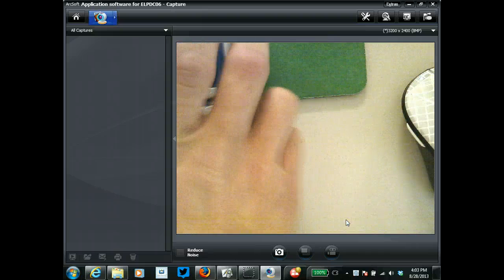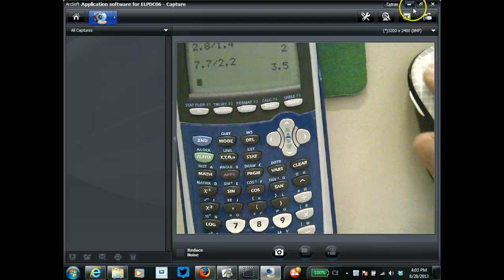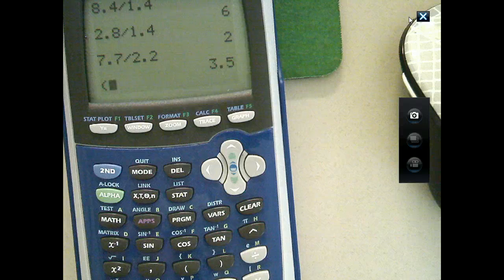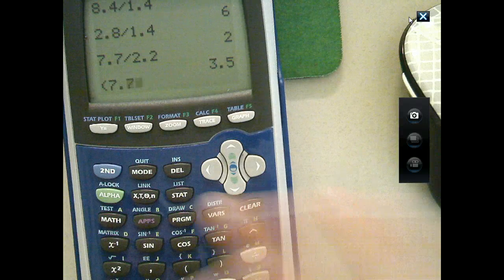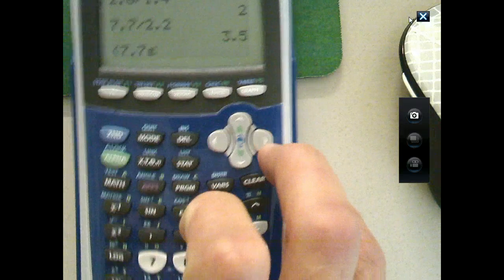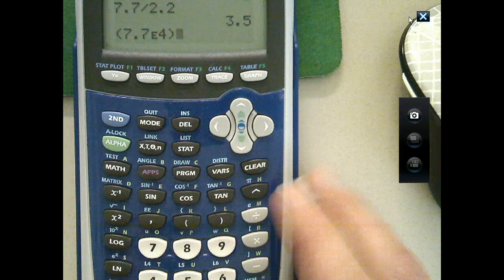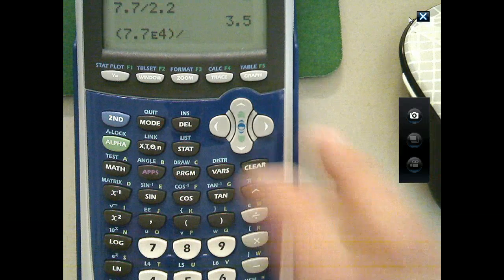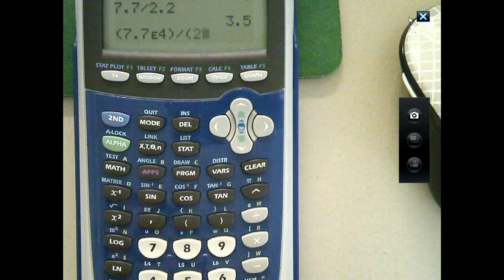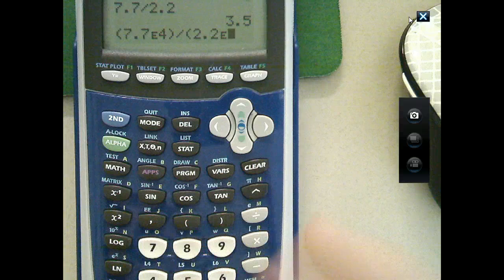So if I want to do, say, and this may not even be the same problem exactly, if I want to do that, I got to make sure I put it in parentheses, 7.7 second E 4, and then say divided by parentheses, 2.2 second E, we'll say negative 2.